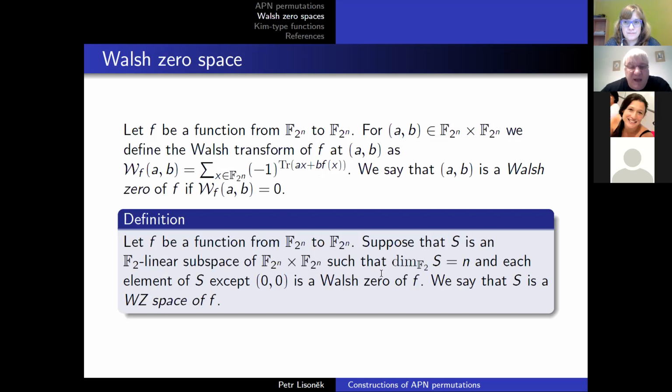So if we can make a whole vector space of such Walsh zeros, a space of dimension n, where each element except the origin is a Walsh zero for the given function f, then we call this a Walsh zero space, or WZ space, of that function f.